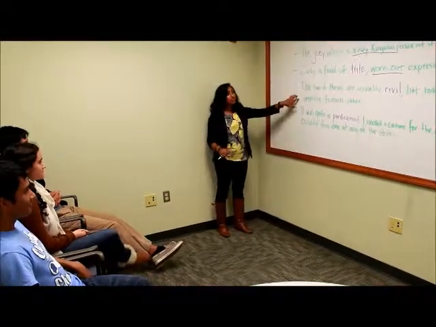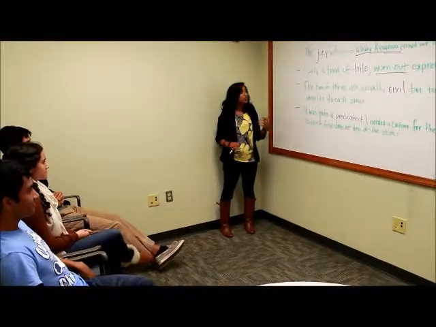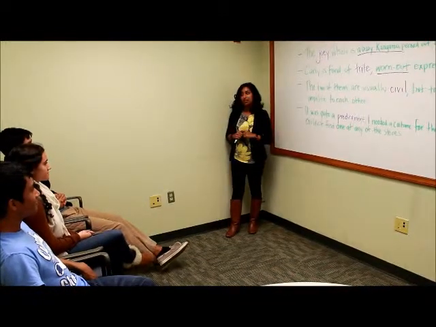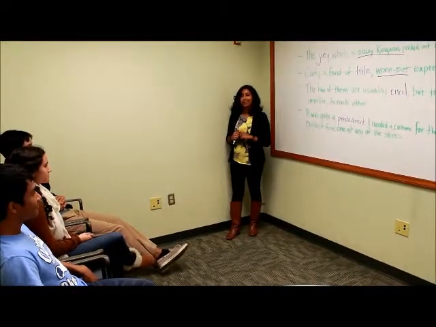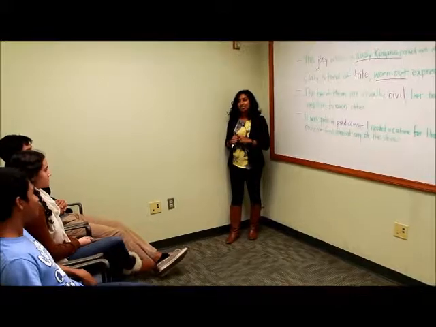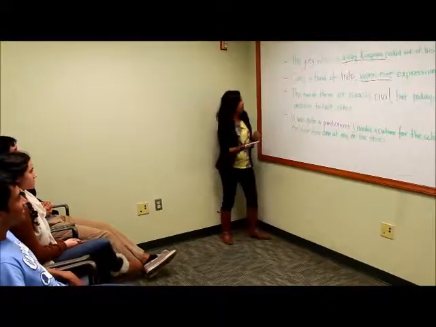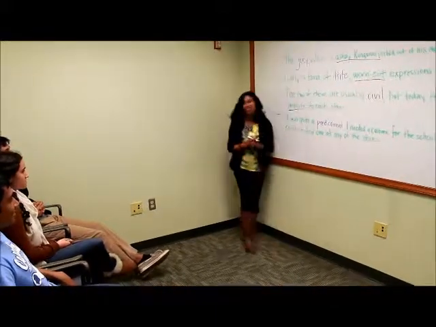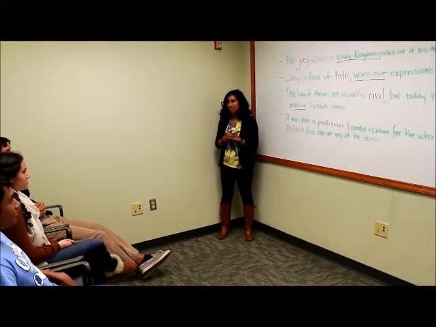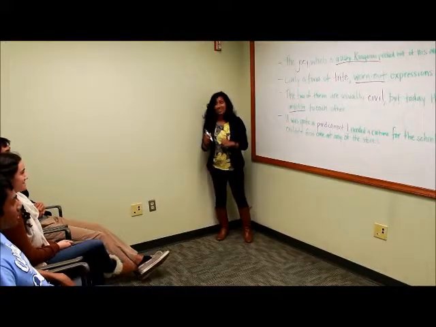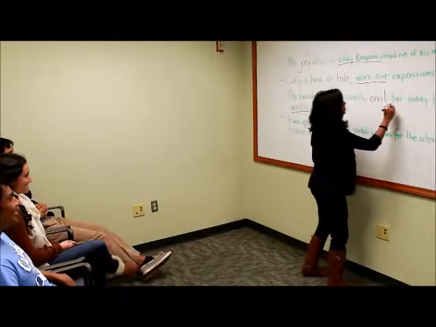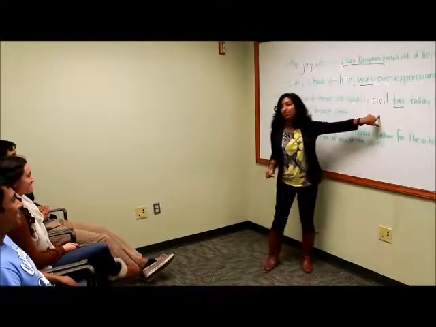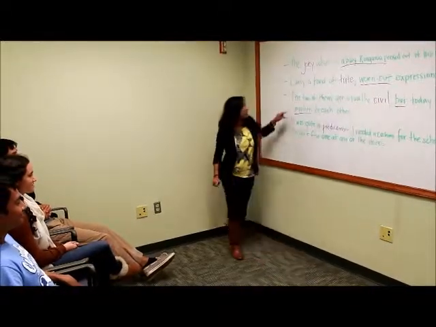The two of them are usually civil, but today they were quite impolite to each other. What do we think the clue is there? Impolite. Okay, right, but there's one more clue. Can anyone guess what it might be? Usually. But, yeah, perfect. So usually they're civil, but today they were impolite.